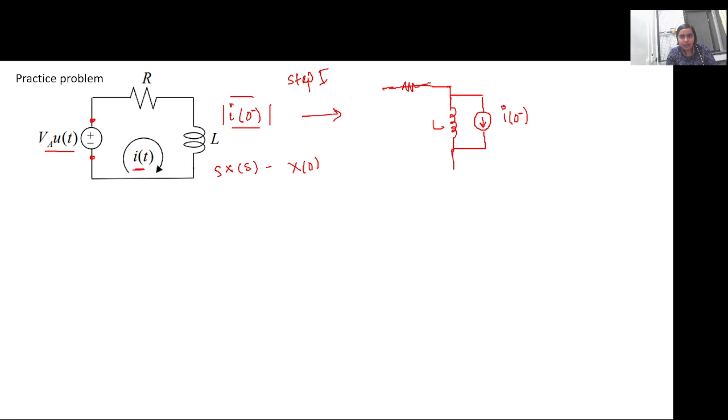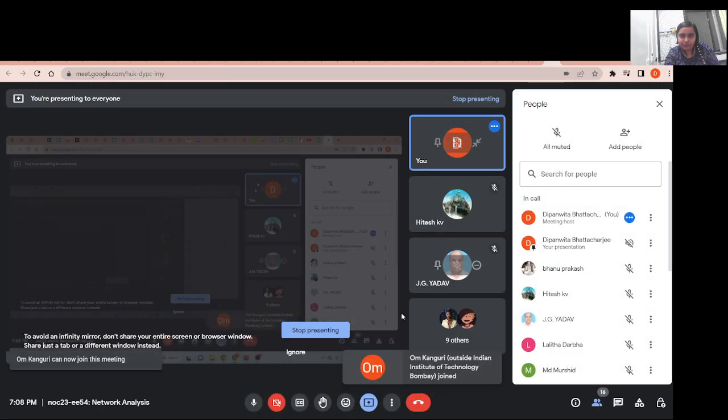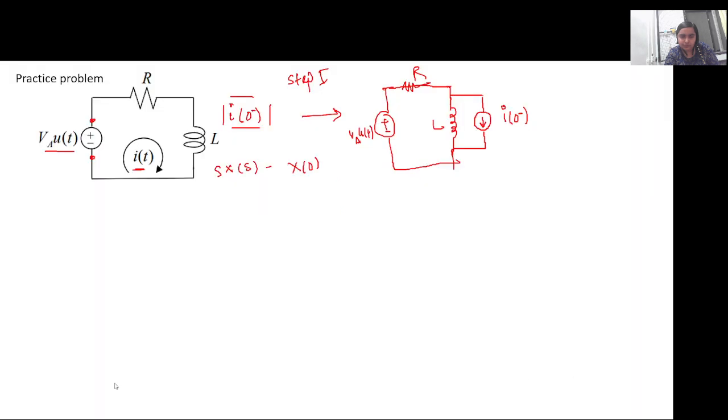So let us say this is R and this is the voltage V_A u(t). Now when we write it as the Laplace transformed circuit, the voltage source is given as V_A into u(t).